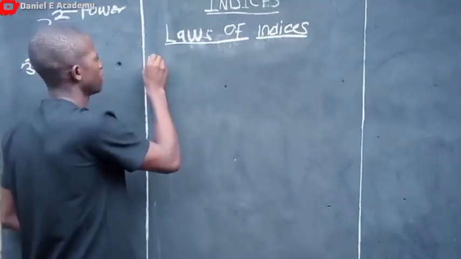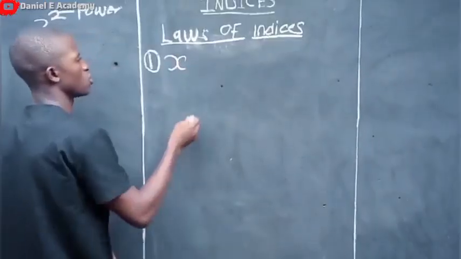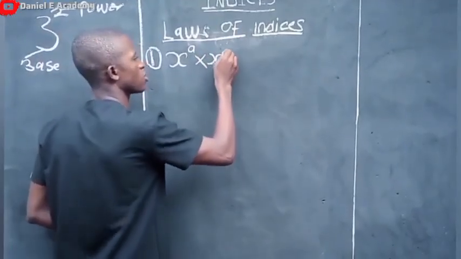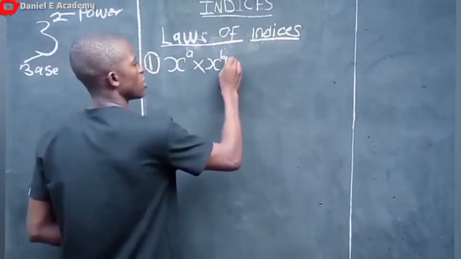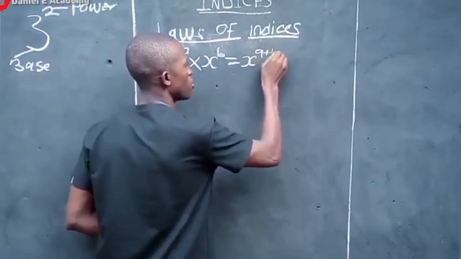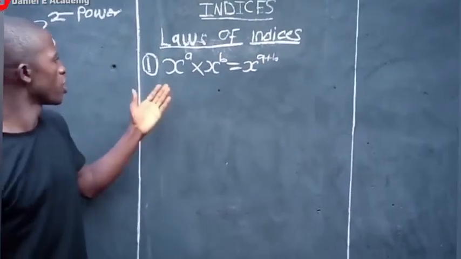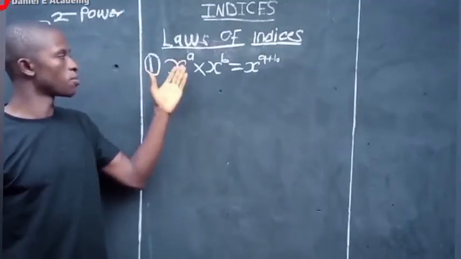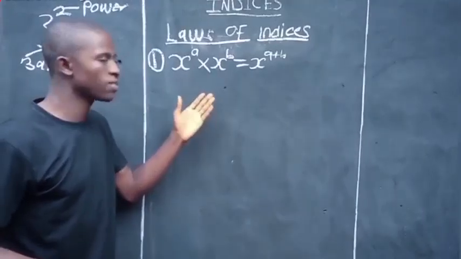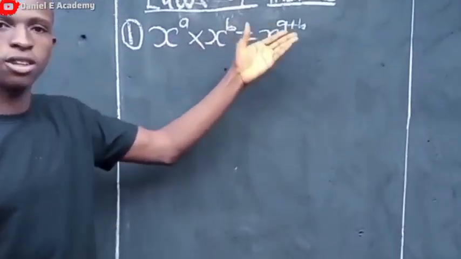Let's state the laws of indices. Law 1: x to the power of a multiplied by x to the power of b gives us x to the power of a plus b. This law simply means that whenever you have a number to a power multiplying that same number to a power, you just add the powers.